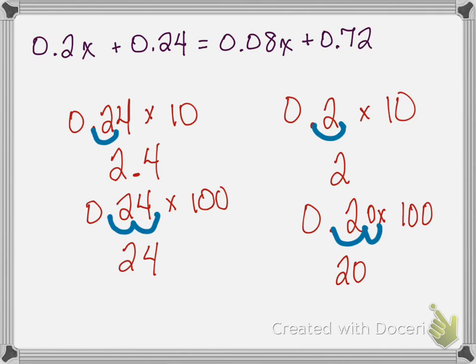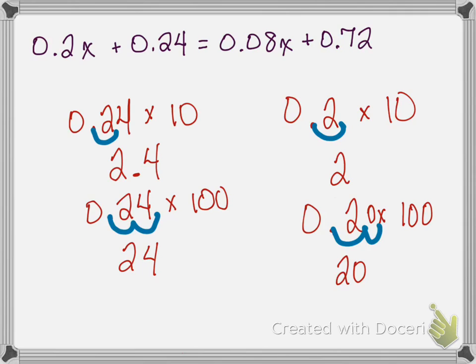The only decimal I would get rid of was the 2/10. So to get rid of all the decimals here, I've got to multiply everything by 100 because we have to do the same exact thing to every single term or to both sides of my equation.